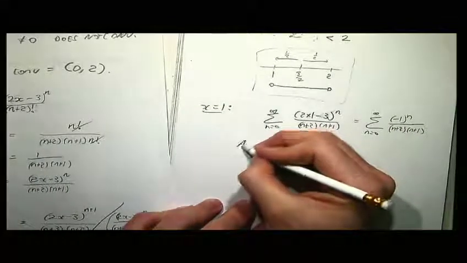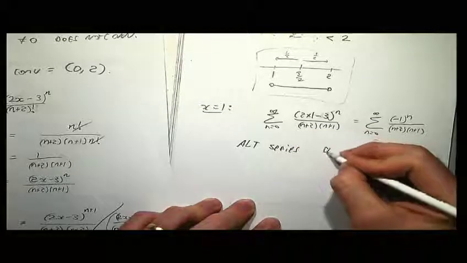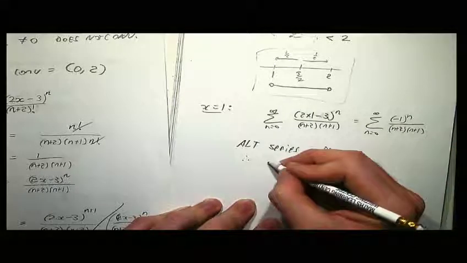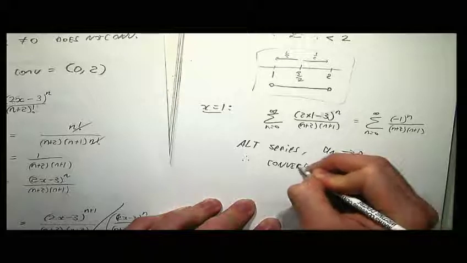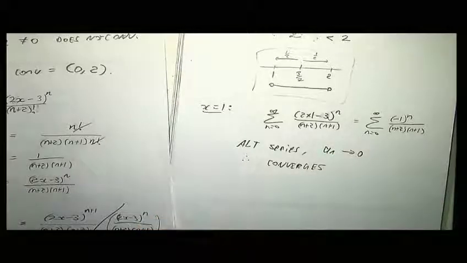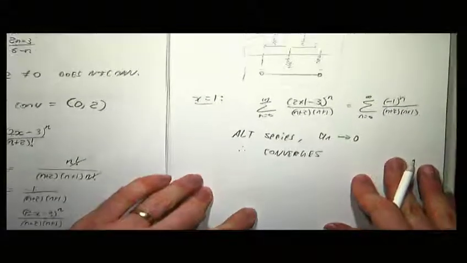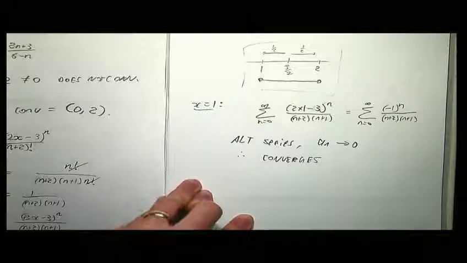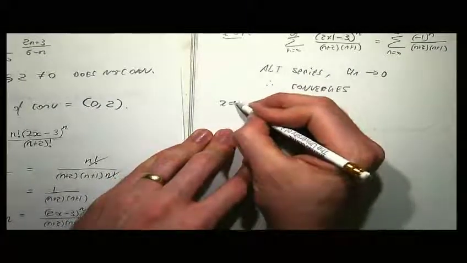So we have an alternating series with a_n approaching 0, so therefore it converges. Cool. So actually what we need to do is colour in the 1, because it converges there. What about x equals 2?